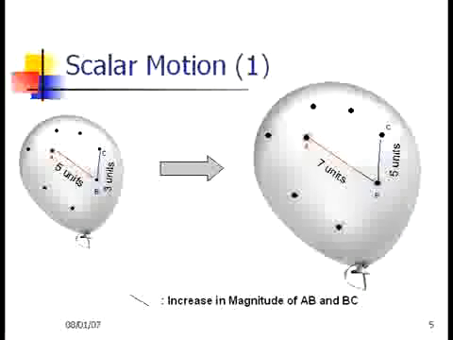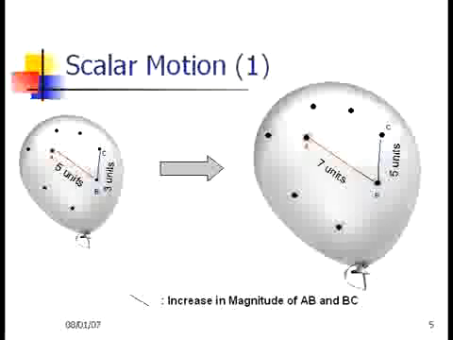Firstly, the distance, which is a scalar, between A and B is 5 units, and that between B and C is 3 units. After some time, the distance between A and B is 7 units, and B and C is 5 units.